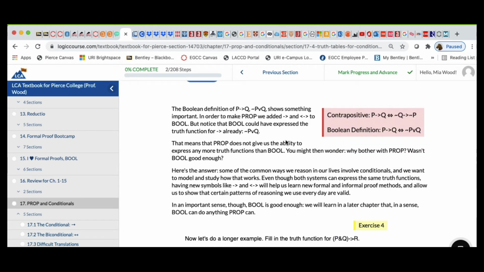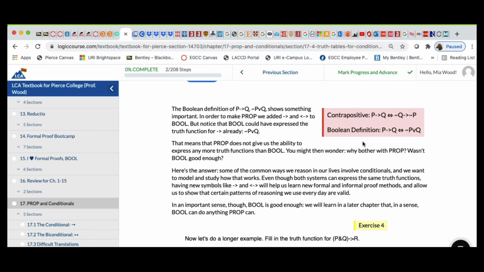Off to the right, I'm circling with my cursor the pink box, where we get some equivalences. Like I said, we're going to want to prove those as opposed to simply say they're equivalent. A truth table shows us they're equivalent, and then we're done. We can use them as substitutions.